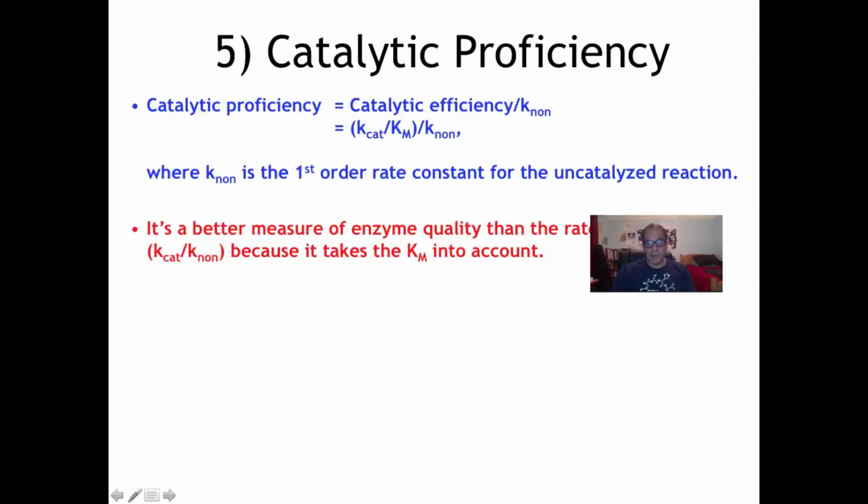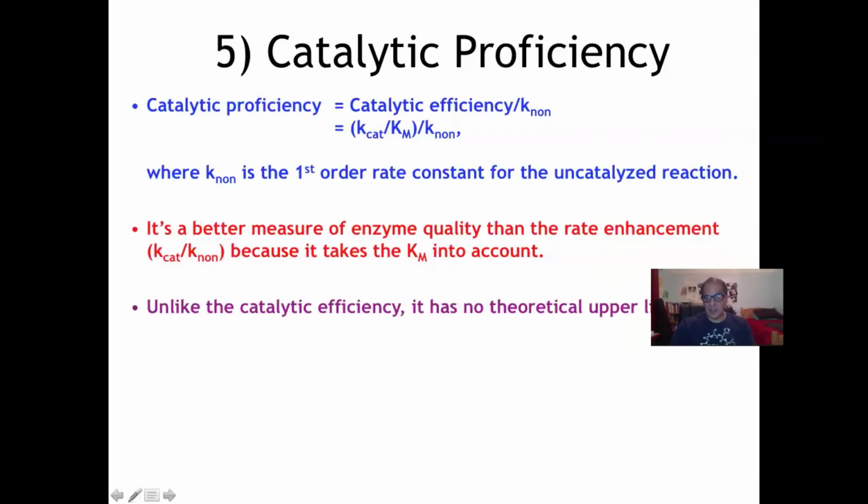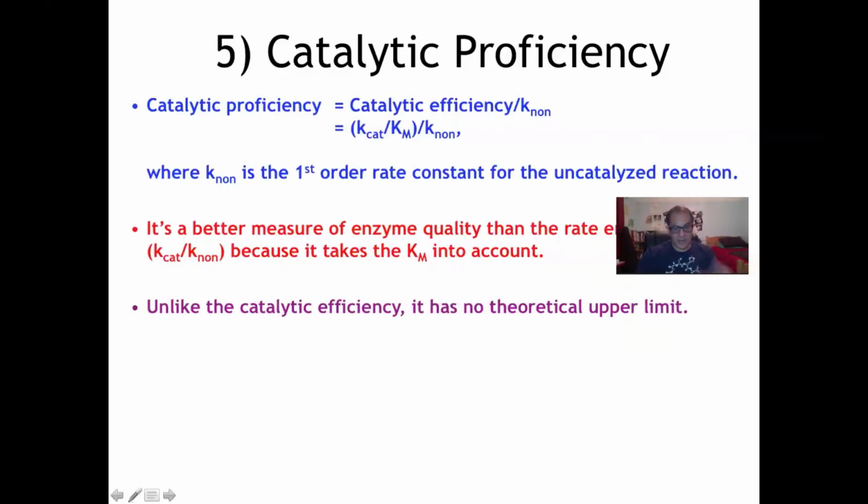It's a better measure of enzyme quality than the rate enhancement, which, as I mentioned, is just Kcat over K-non, because unlike rate enhancement, which doesn't include Km, catalytic proficiency takes the Km into account. It also has an advantage over catalytic efficiency since it has no theoretical upper limit.